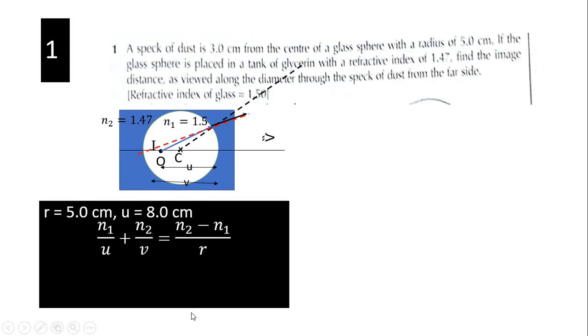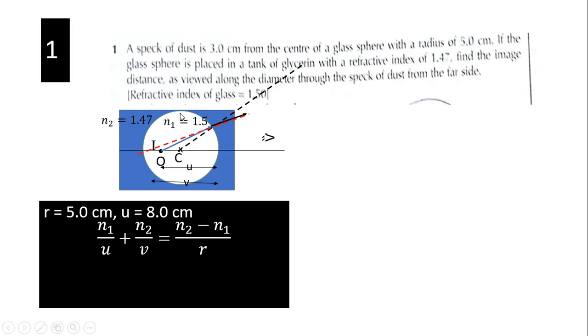And put in the formula. N1 is 1.5. That's your U. Remember, our N1 is larger than N2. If N1 is less than N2, then we consider that as negative.